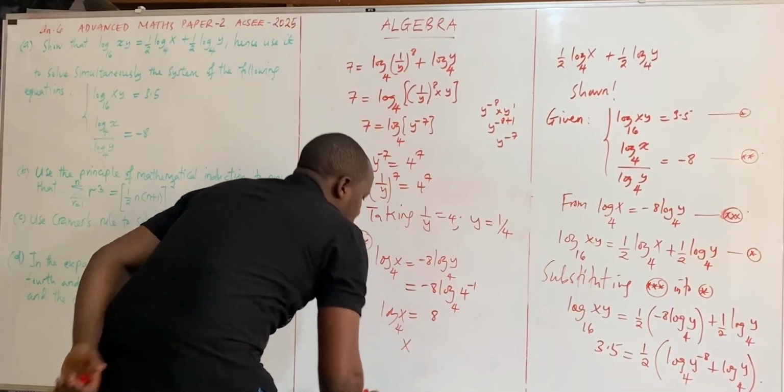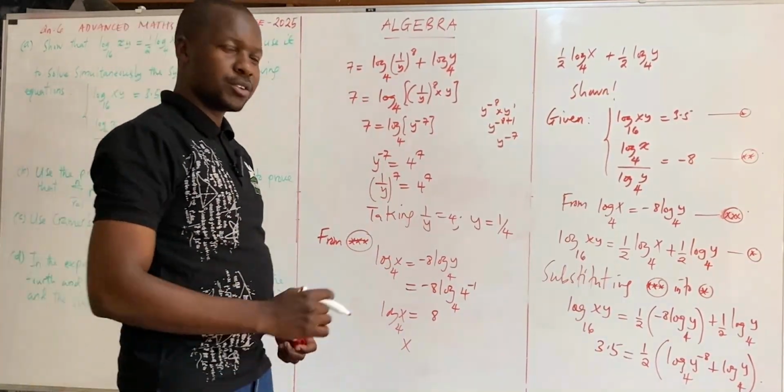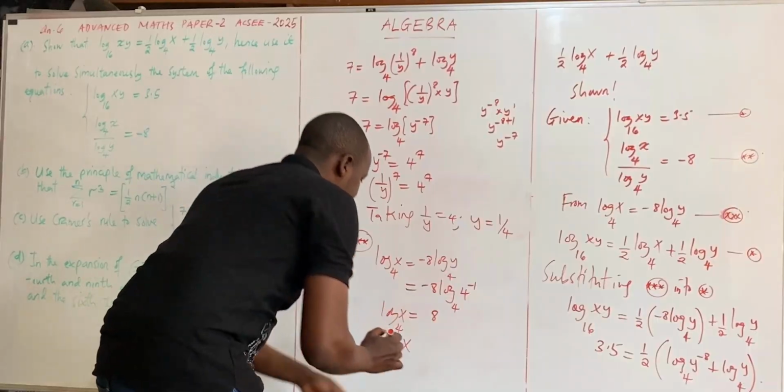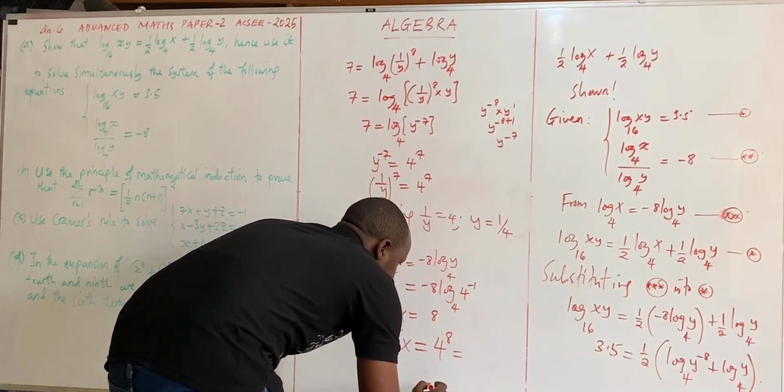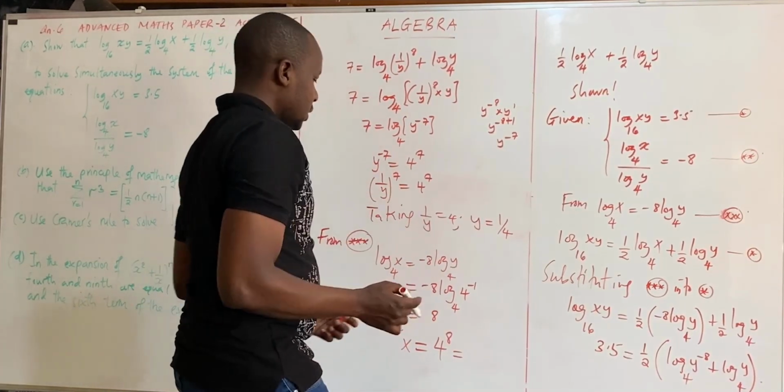If you want x now, you go again to exponential form. So it will be number x equals base raised to exponent. So you end up getting 4 times 4 times 4, 8 times.